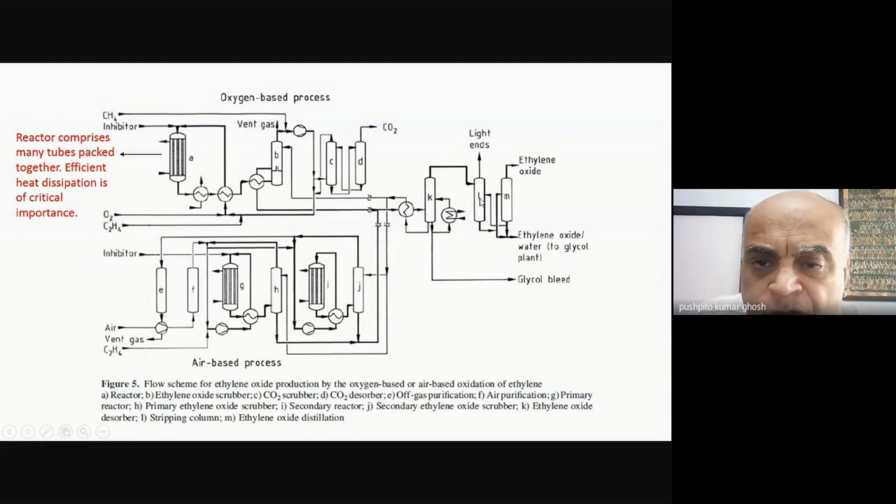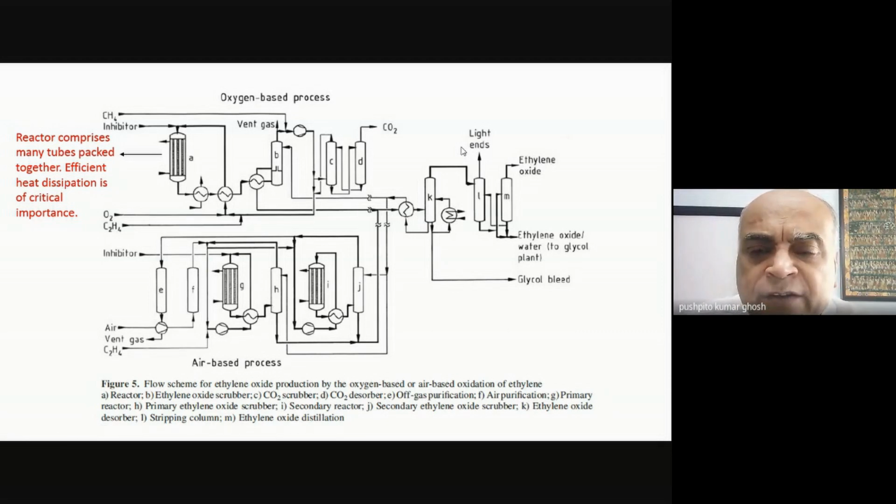And then you do a distillation where the acetaldehyde comes out, and ethylene oxide has a relatively high boiling point. So once the acetaldehyde and some other volatiles have come out, finally you can strip off the ethylene oxide from this. Whenever you're putting water, ethylene oxide always is vulnerable to hydration, hydrolysis.